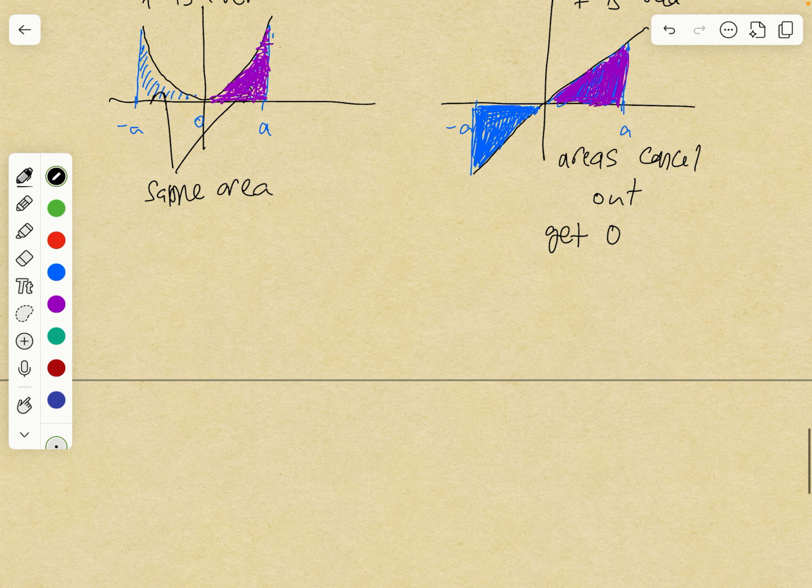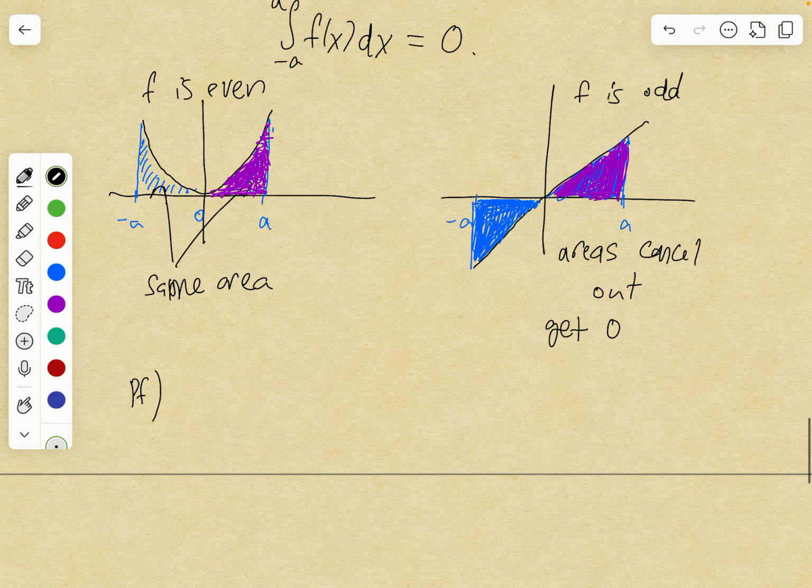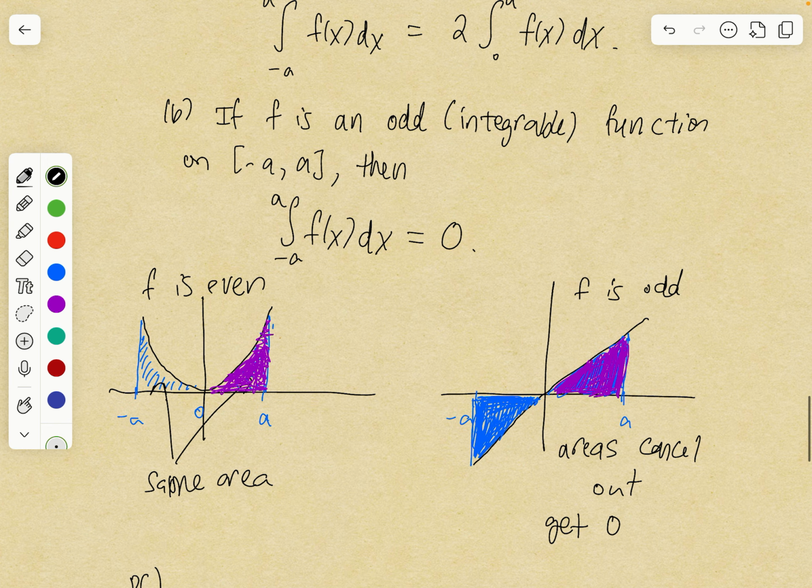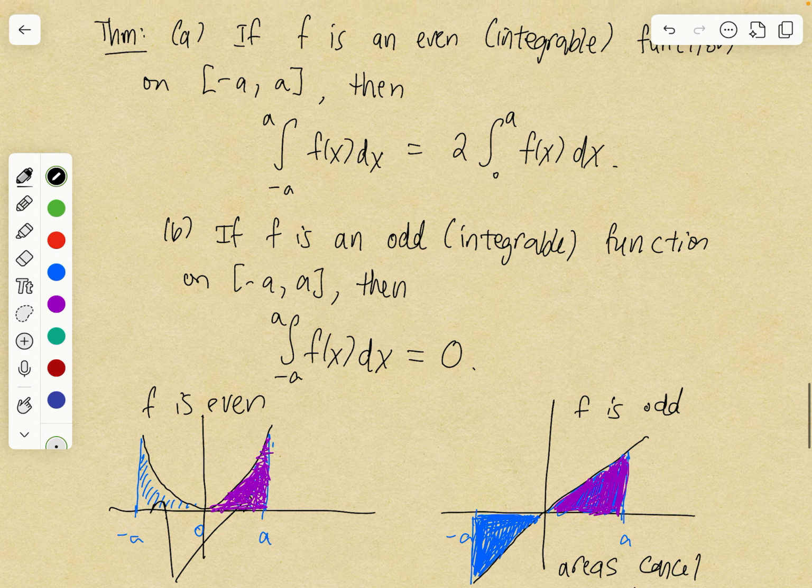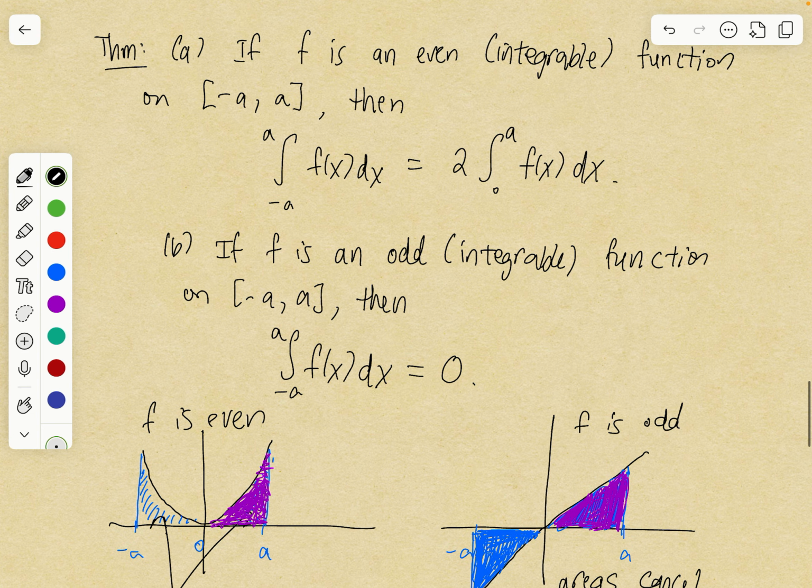So let's actually look at a proof. What I gave above is a geometric reasoning that explains why it would make sense if you think about the area. The integral is the area under the curve. But let's look at an algebraic way of being sure that this is in fact true.